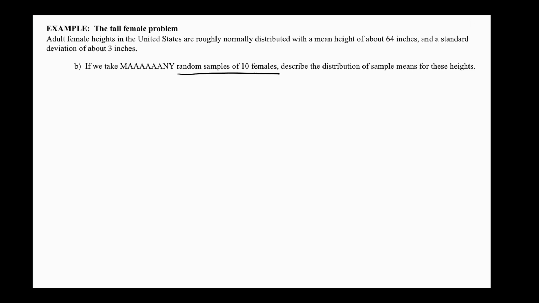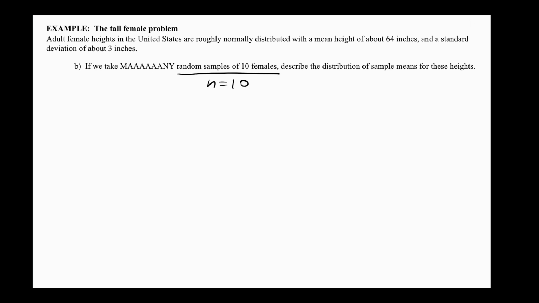The proportions. Yeah, but what is the underlying part? Randomly sampled 10 females. What is that? There you go. N equals 10. That's our only added piece of information they've given us.